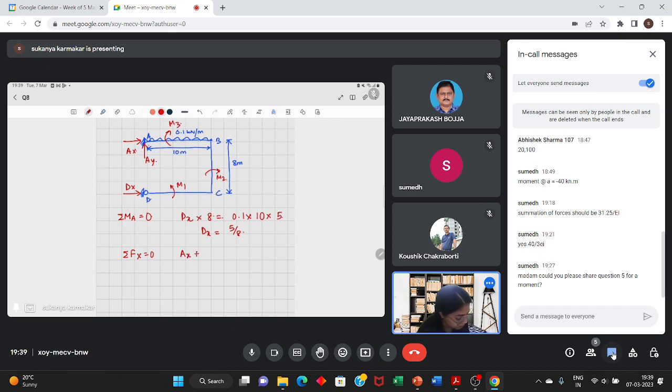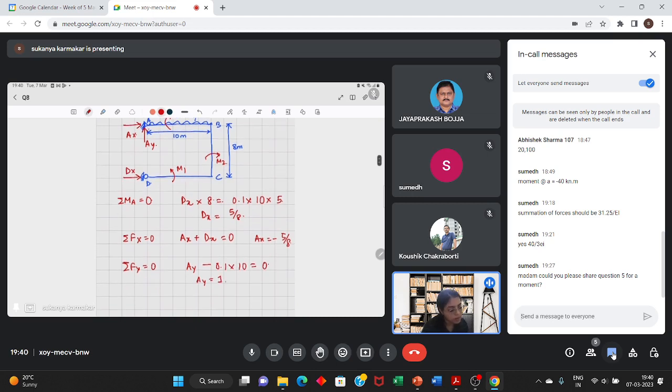So ax plus dx is equal to 0. So ax is equal to minus 5 by 8. So summation of fy is equal to 0. So from there ay minus 0.5 into 10 minus 0.1 into 10 is equal to 0. So ay is equal to 1.